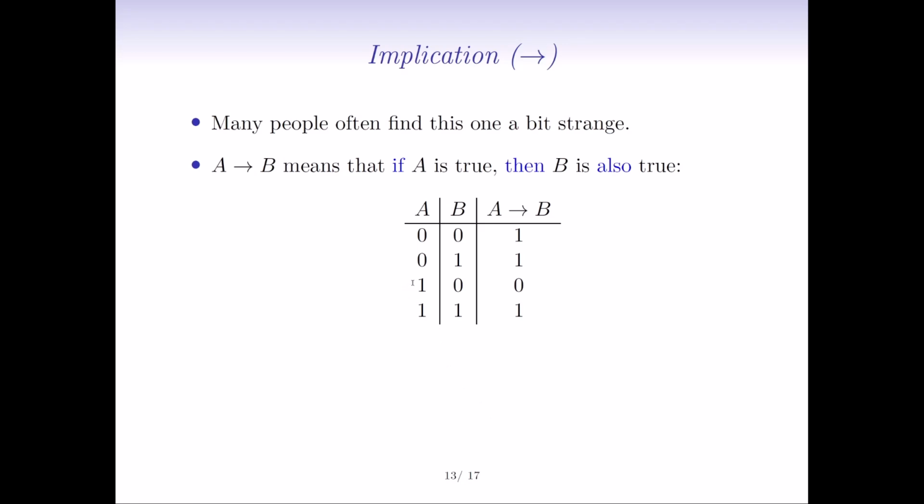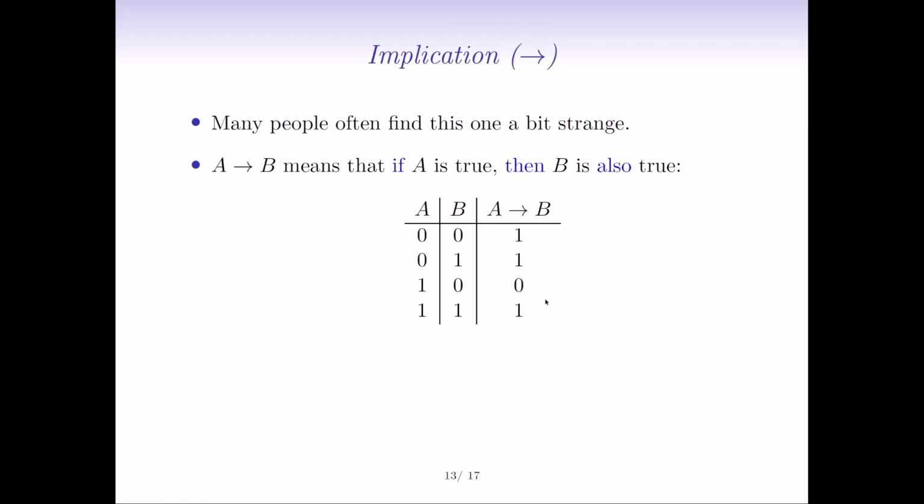Well, let's look at the third line first, because that engenders the least amount of disagreement. If you have that A is true, but B is false, then A implies B is also false. That makes sense, right? Because you say, well, I can't possibly have that if A then B, because I have A and I don't have B. So A implies B is false in that case.